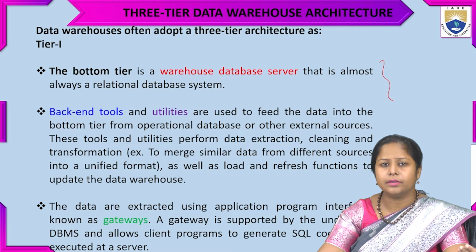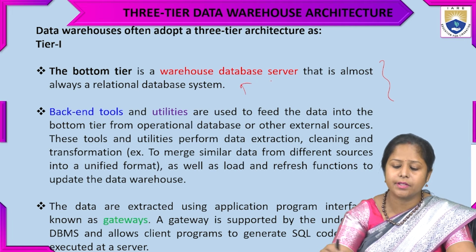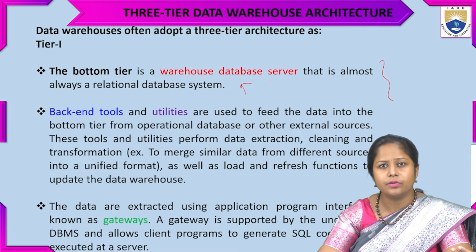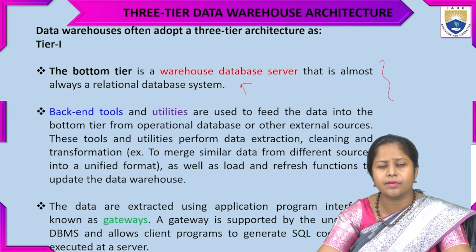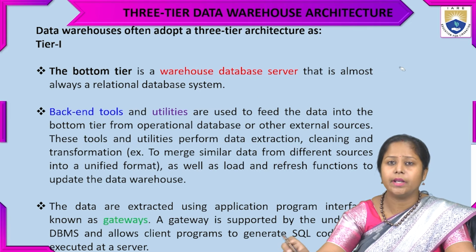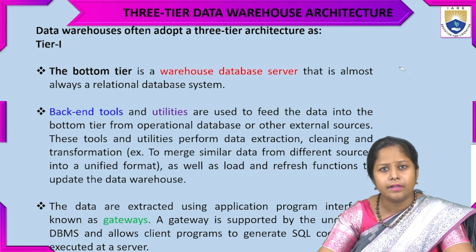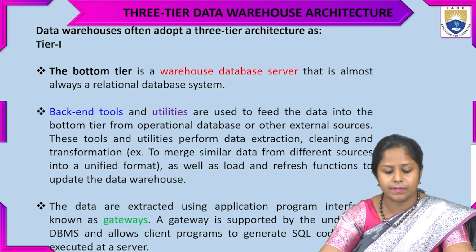Because we are going to study this data warehouse subject, we should know what a database management system is and what a relational database management system is. So we will be able to understand easily what a data warehouse actually is, and how it is different from other data management systems. So the bottom tier acts the same as a relational database management system.